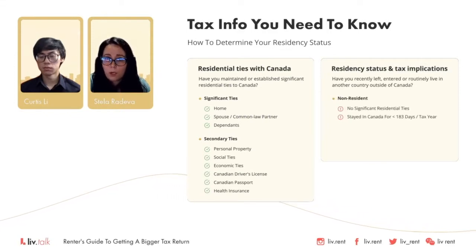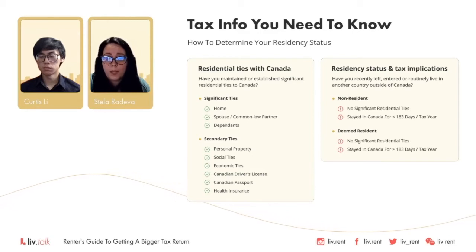So step number 1 would be to identify your residential ties with Canada. And you'll need to ask yourselves if you have maintained or established significant residential ties to Canada. Those ties can be both primary and secondary. The primary ones consist of having a home, having a spouse or common law partner or dependents in Canada.